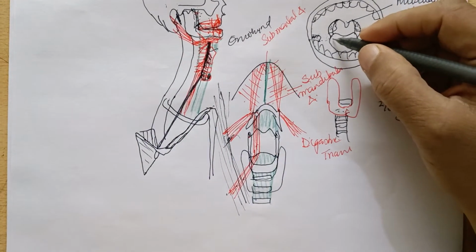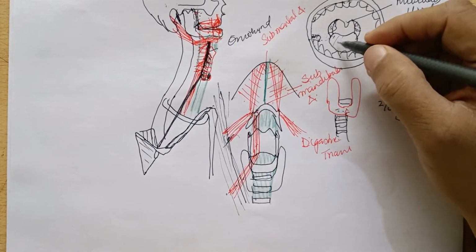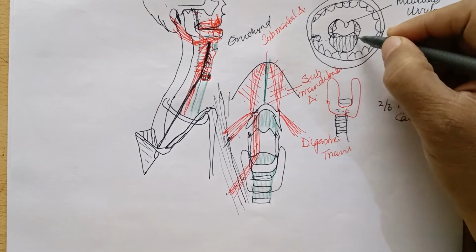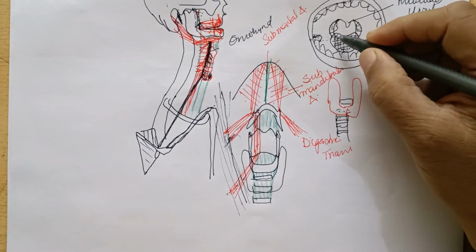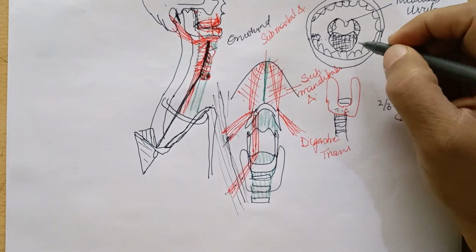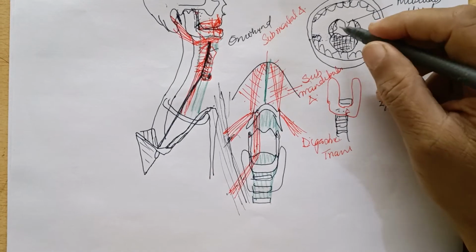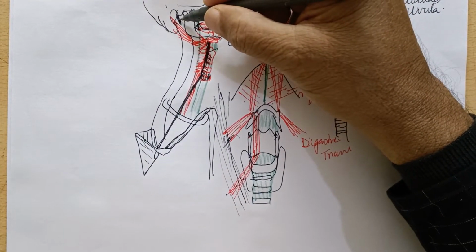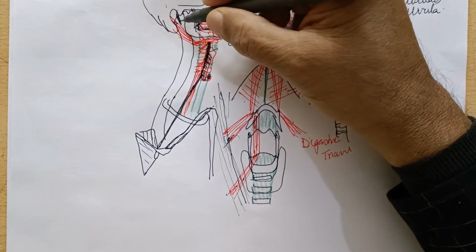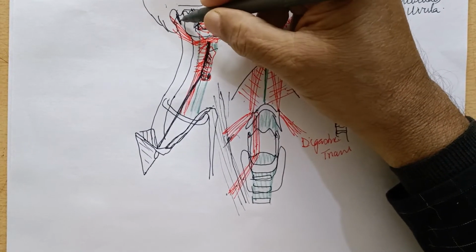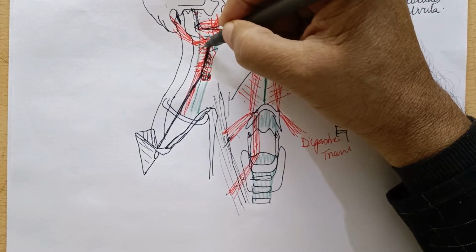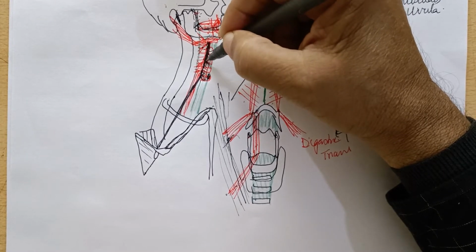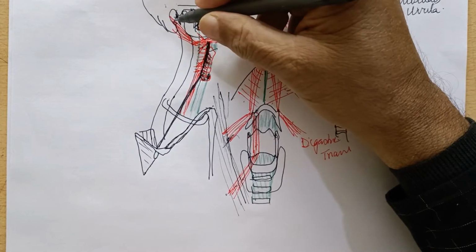Then in the oral cavity you have this tongue, and this tongue has got longitudinal fibers and vertical fibers and transverse fibers so that it can take any shape. And from the styloid you have three muscles. One is styloglossus, second is stylohyoid, and the third is stylopharyngeus, which passes between the superior and middle constrictor and gets inserted onto the cornua of the thyroid bone.